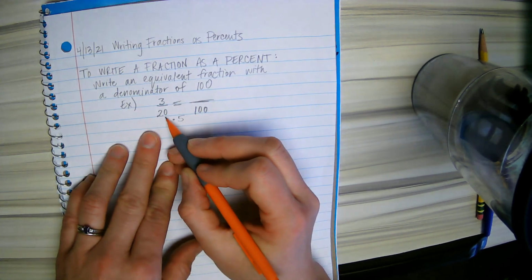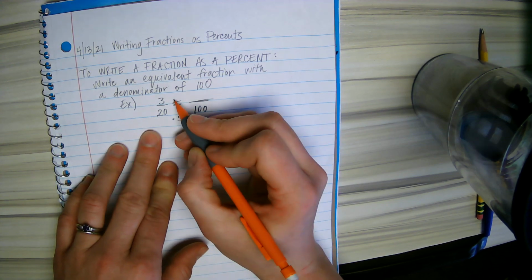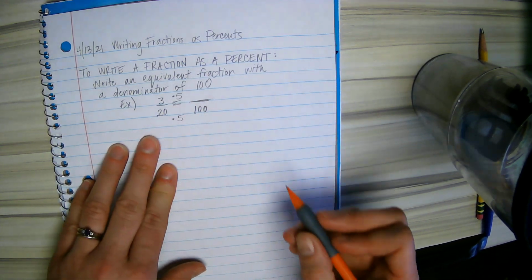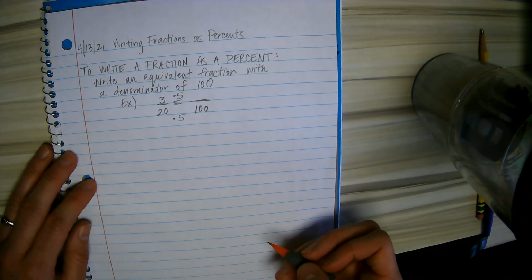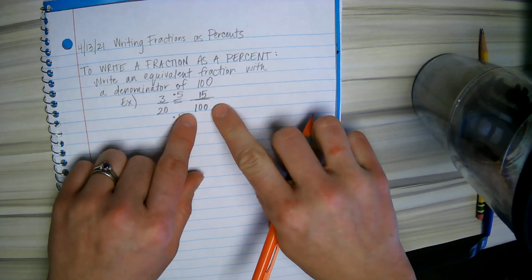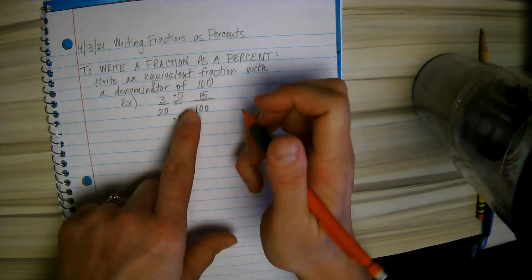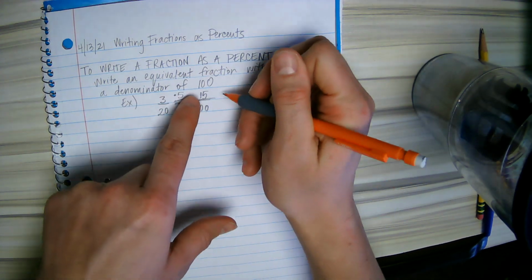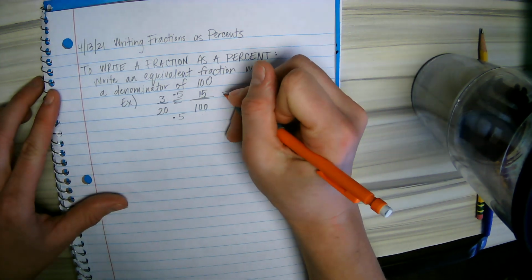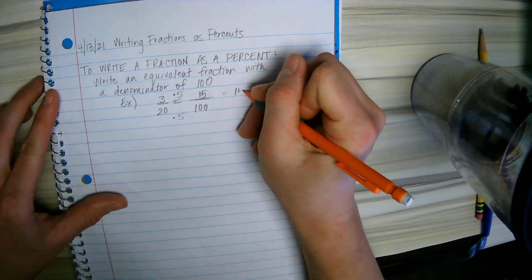So whatever we did to the bottom number to get this, we have to do to the top number. So 3 times 5 is 15. So now that I have a fraction out of 100, I can write that top number as per 100 or percent. Remember? So this equals 15%.